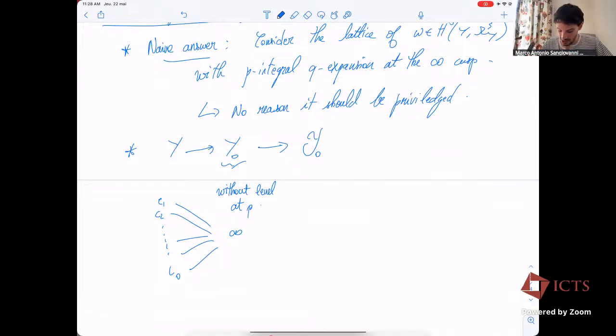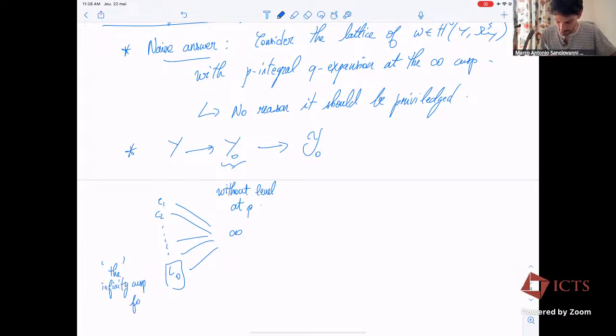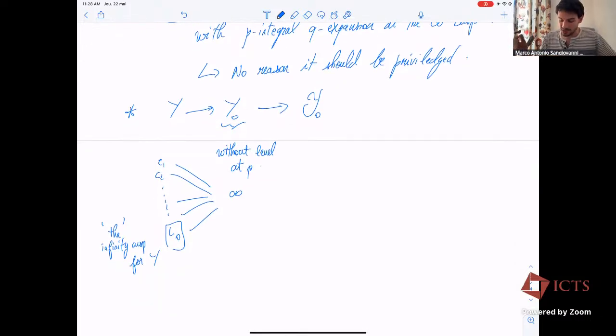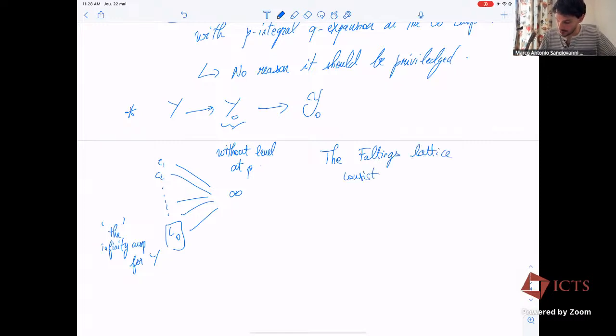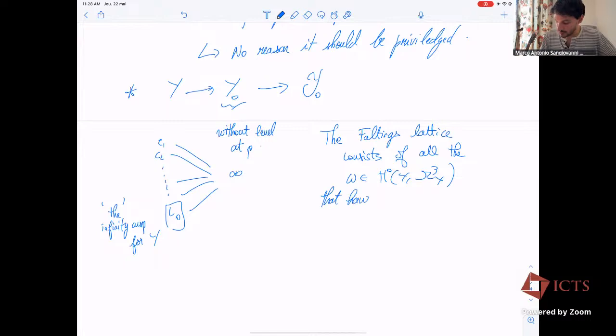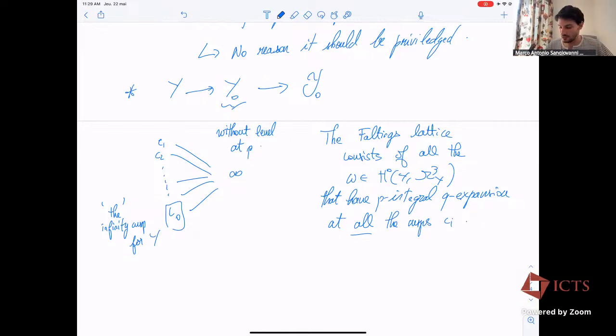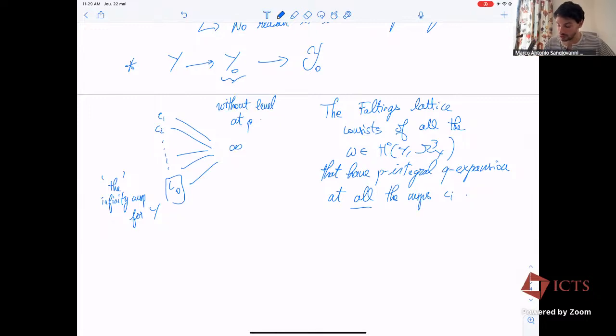Okay, so this is what I mean by the infinity cusp for Y. And the answer, what Faltings tells us, is that you should consider the Faltings lattice, which consists of all the omegas in H0 of Y, omega 3 of Y, that have p-integral q-expansion at all the cusps Ci, so those above infinity, which corresponds to just different level structures at P on the Mumford object.